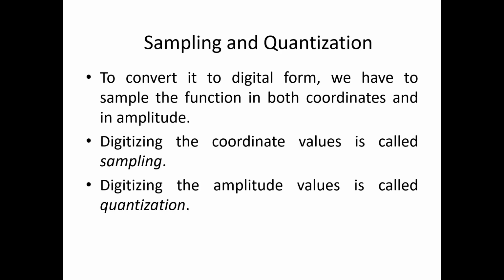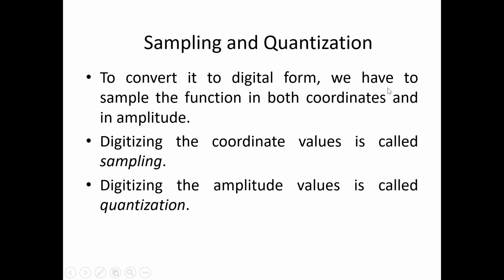With the help of these discrete values, we are able to calculate the digital images. So for the basic approach of converting analog to digital form, we require two things. We have to sample the function. As we know, we always take the image as f(x,y), a function, where x,y contains coordinate values.